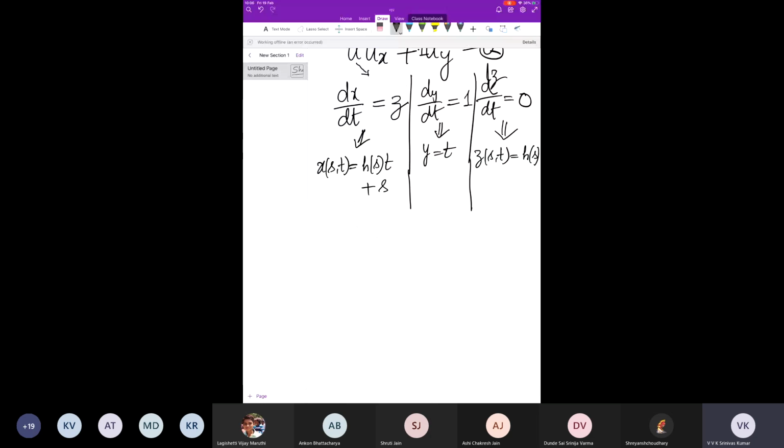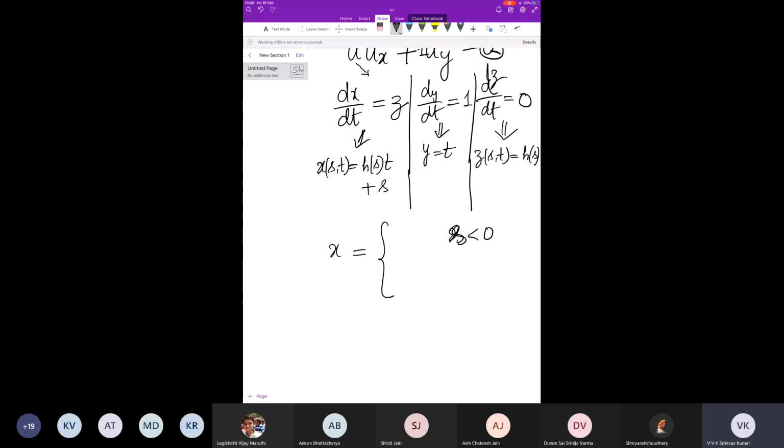When s is negative, h of s is equal to 0, so x is equal to s, which is the line.